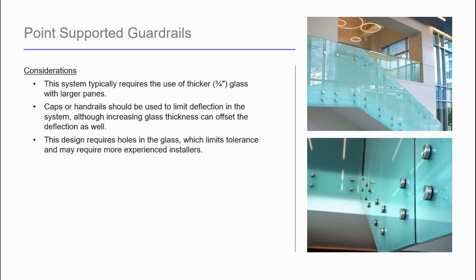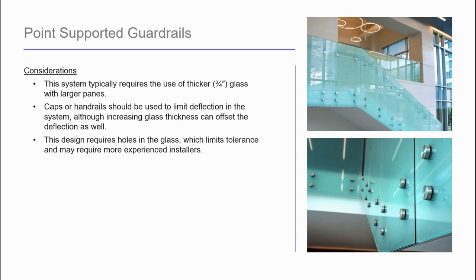Now, this usually does require thicker glass because you concentrate that load at various little points, and your glass stress can become quite high. Oftentimes, you can see here the points are on the edge of a slab, meaning that the glass is effectively getting a little bit taller. So you do increase the glass cost somewhat. You can also have deflection issues if those supports are too far down.